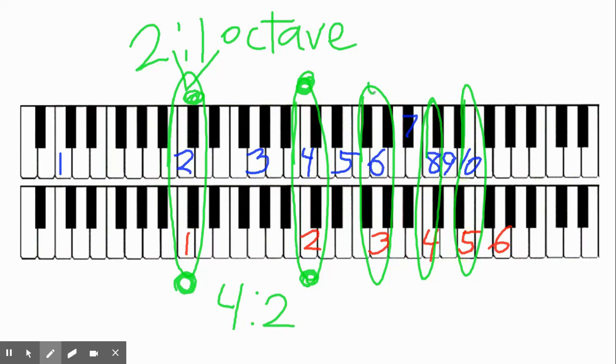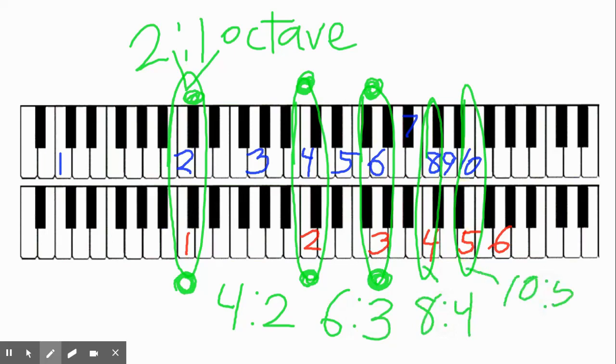So the sixth partial from our lower note could be made into unison, could line up with the third partial of our upper note. And if we did that, that would give us a 6/3 octave. We could also have an 8/4 octave, and if we wanted, we could have a 10/5 octave.